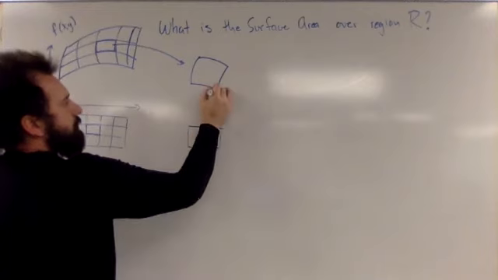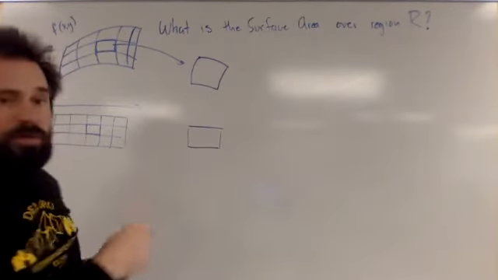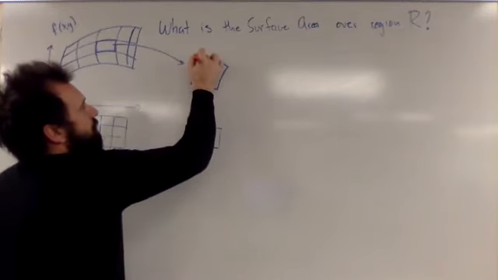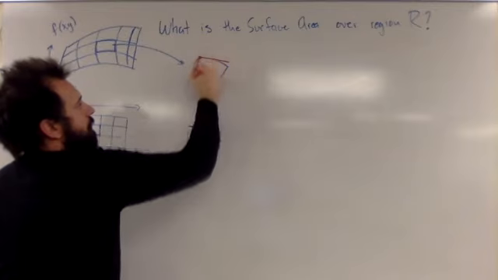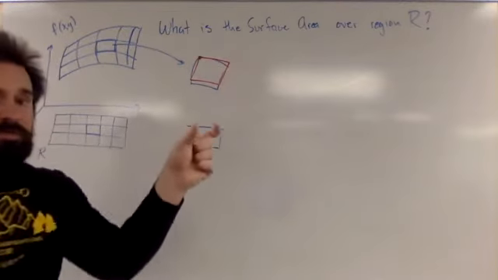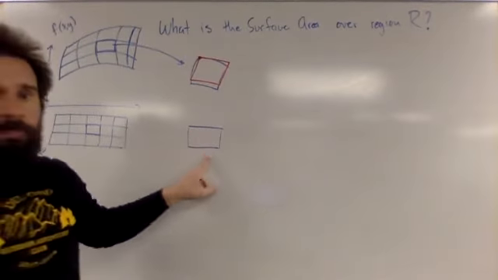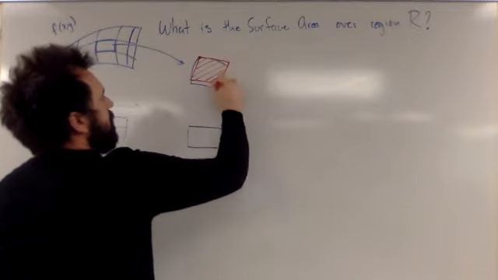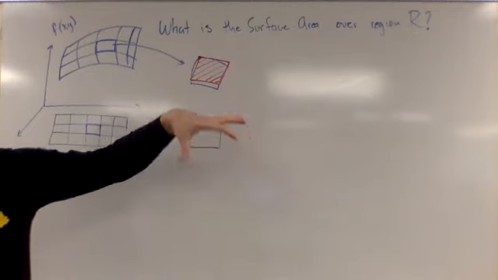But what I can do is use the tangent plane to approximate what that surface is. So here, let's just assume we're using upper left corners. This tangent plane, if I take that little piece of tangent plane that would correspond to this domain down here, then if I add together the area of this, that would give me an approximation for the surface area of that curved shape.